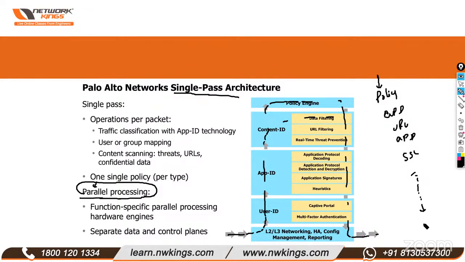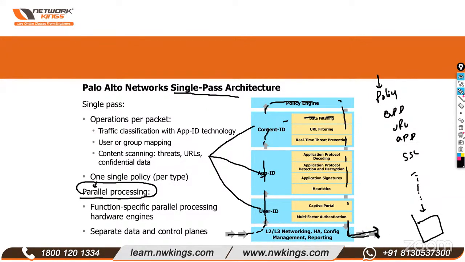Then it exits from the device. But in parallel processing, the traffic or the packet will be divided into 3 parts and processed simultaneously, and then it exits out of the firewall.